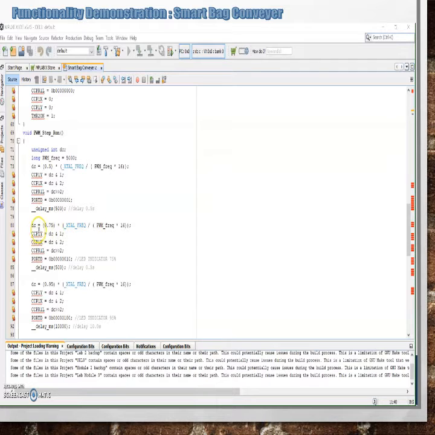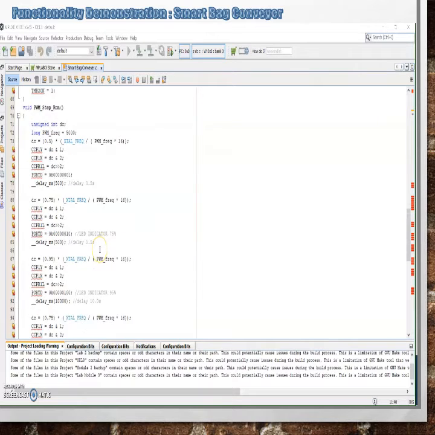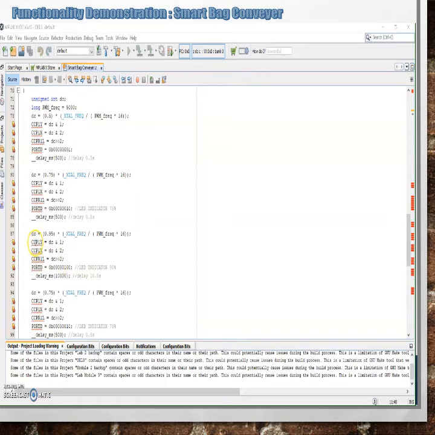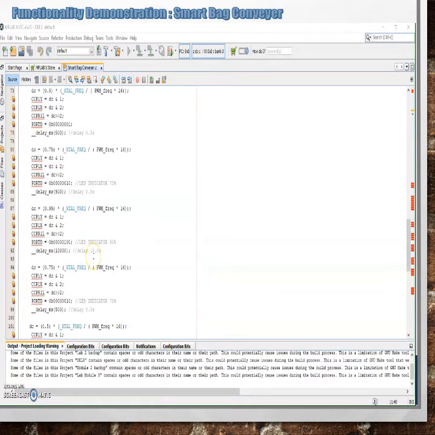And then at 0.75 is 75% of the motor. Then our motor will increase to 95% of motor speed.